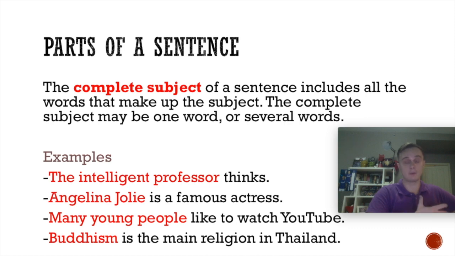We found every word that tells you who or what that sentence is about. So the complete subject can be one word or several words. So the intelligent professor thinks. The sentence is about the intelligent professor, and we've got the word intelligent that describes the professor. So all together makes the complete subject.